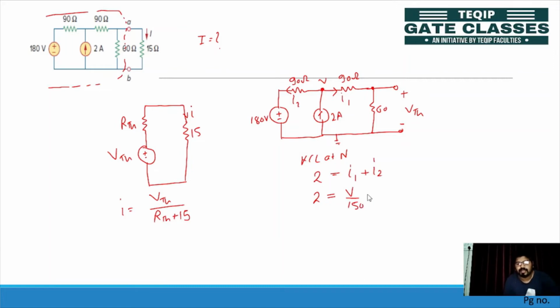And I2 is this current, V minus 180 divided by 90. Clear? So from here you will find your V, not VTH. From here you will find your V only.